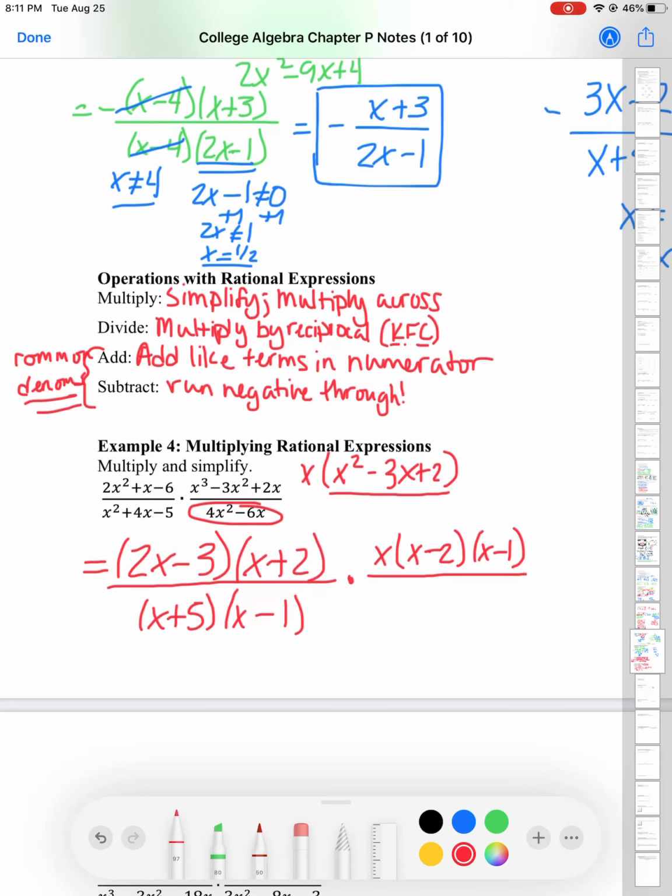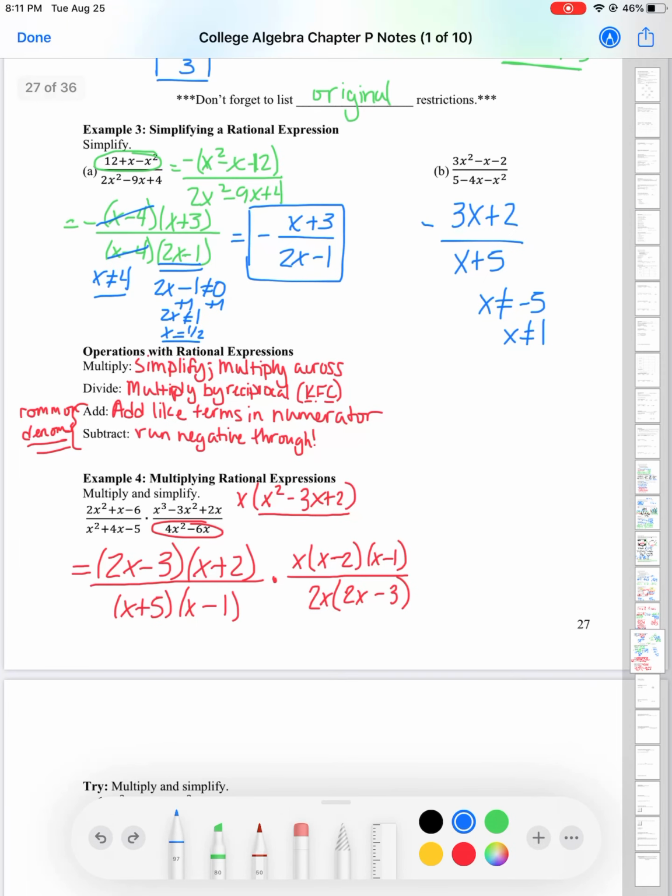And then the second denominator is just straight GCF. So I can pull out a 2x, and I'm left with 2x minus 3. So remember, x cannot be negative 5. x cannot be 1.